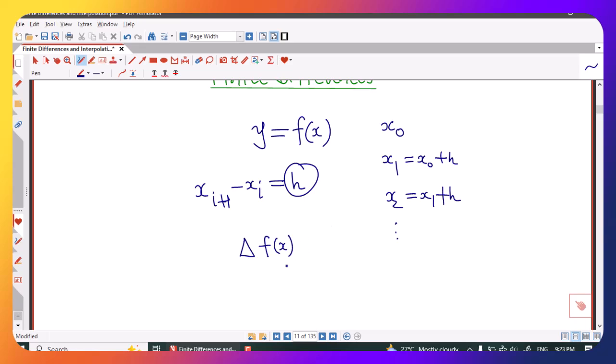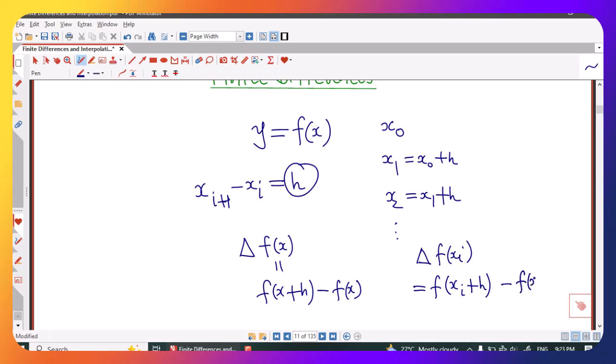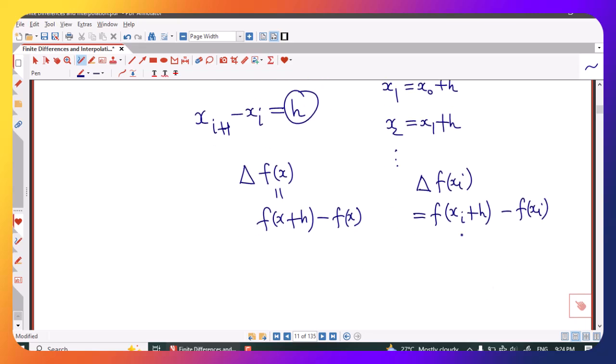Delta fx is given by f of x plus h minus fx, or at particular value, say f of xi, we can write first forward difference as f of xi plus h minus f of xi, and if we use the notation f of xi equal to yi, then we can write this in another form as delta yi equal to yi plus 1 minus yi.